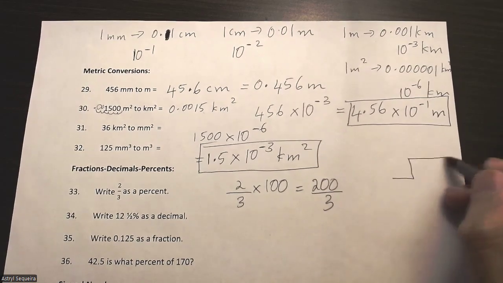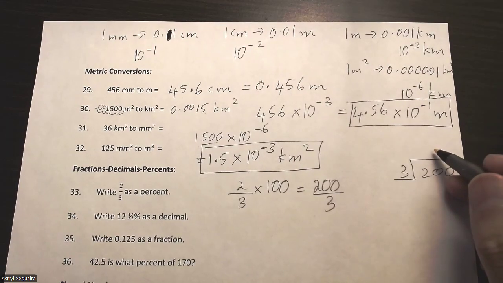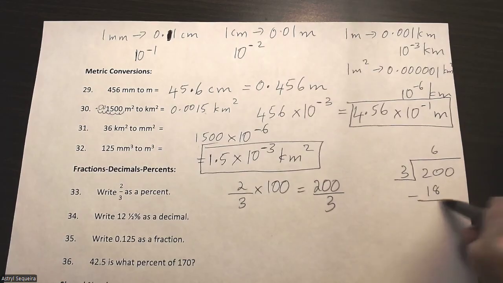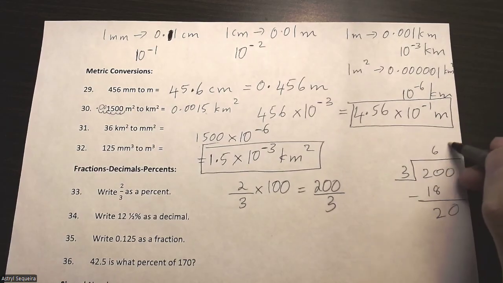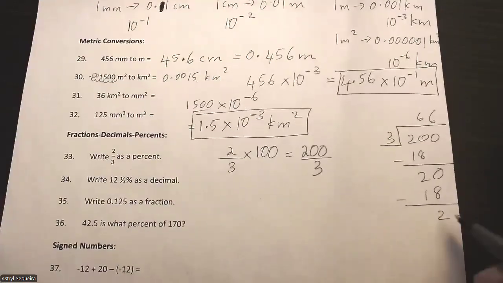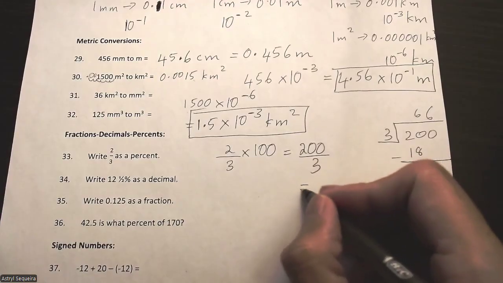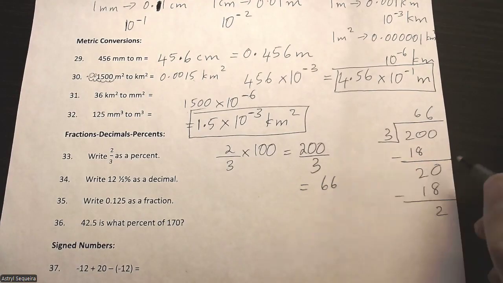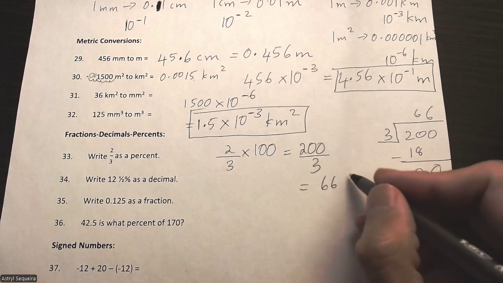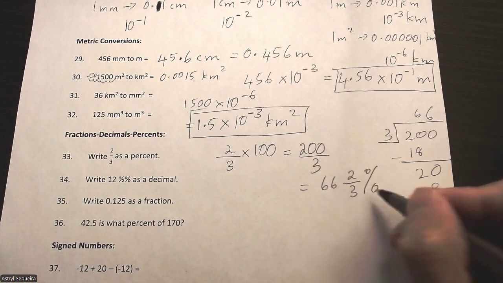We can do long division over here. 3 goes 6 times into 20. And my remainder is just 2. So this is just 66 and 2 over 3 percent.